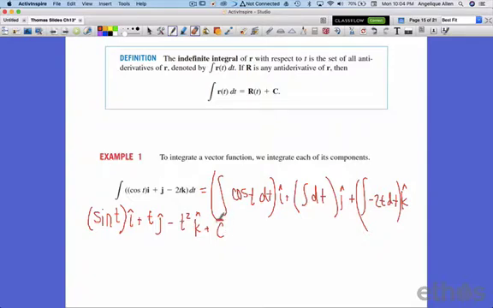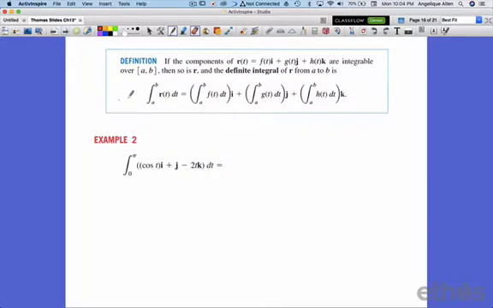We'll make it a vector by putting a bar over it, since this is a vector. We don't know what the constant vector is that might be there, so we'll just put it at the end. And that's the answer to our question. You don't have to put the parentheses around sine if you're neat enough. This is a very basic treatment of integration where we look at one component at a time.